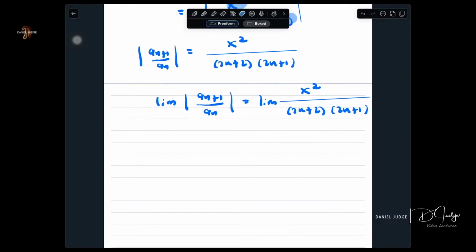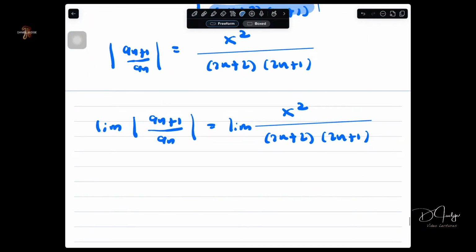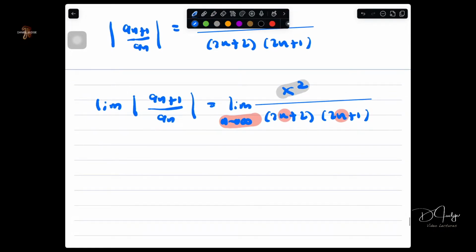All right. Let's see if we can move this over. So again, n's going to infinity. We can think of this x squared as a constant.